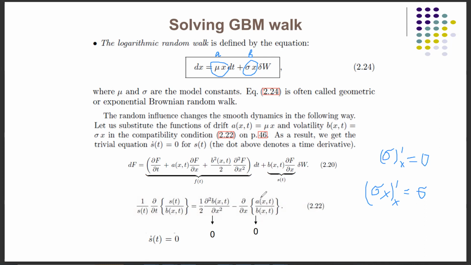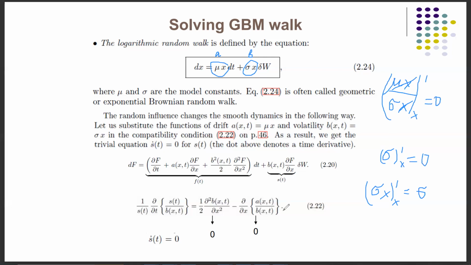What about the second term? It is a divided by b, that is mu x divided by sigma x, x crossed. So we have mu divided by sigma, but it's constant. So the derivative is 0.